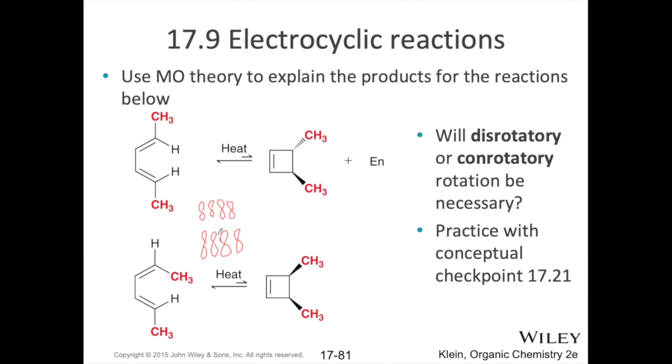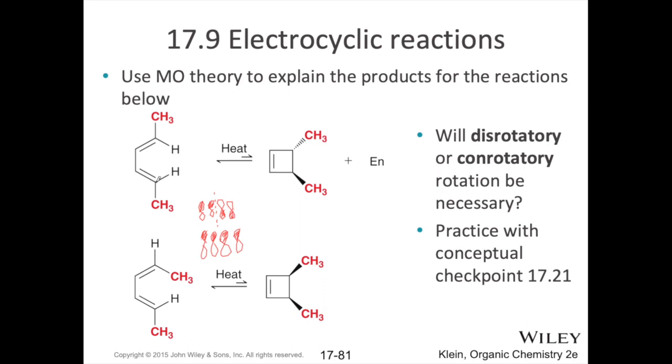So the lowest energy one overall, of course, will have no nodes where everything's in the same phase, whereas this one, this highest occupied molecular orbital, is going to have one node where these two orbitals are in the same phase, these two orbitals are in the same phase, but if we look at the outside two carbons, they're in opposite phases.